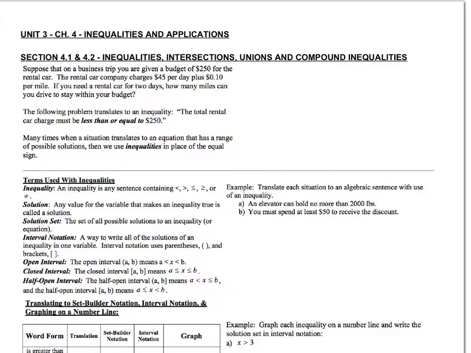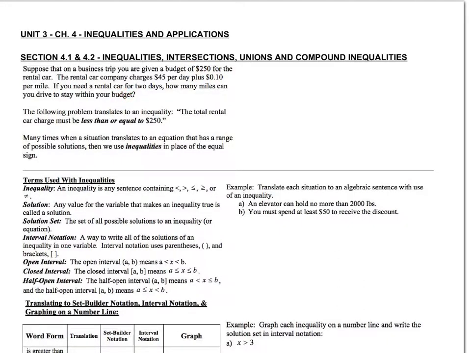within your budget? What this calls for is that you have a budget. This is the maximum amount of money that you can spend on a rental car. And so you need to figure out the number of miles that you can drive to not spend more than $250.